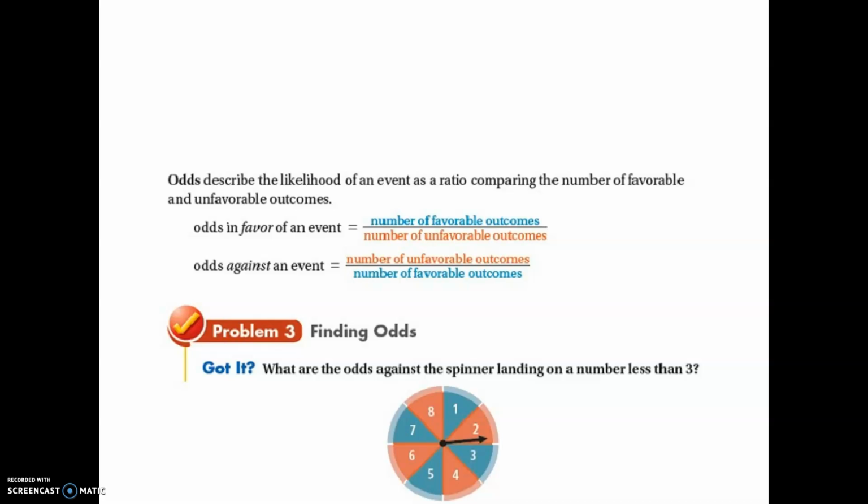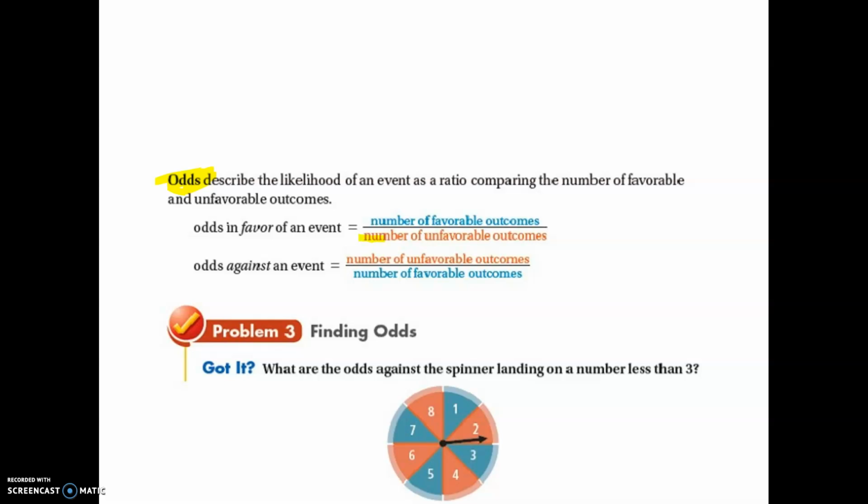Anyway, so the odds describe the likelihood of an event as a ratio comparing the favorable outcomes over the unfavorable outcomes. So this is where odds is different than probability. And you hear a lot about odds when you're thinking of Las Vegas and things like that. And it really isn't the same thing as probability. And people sometimes, I think, get those two confused.